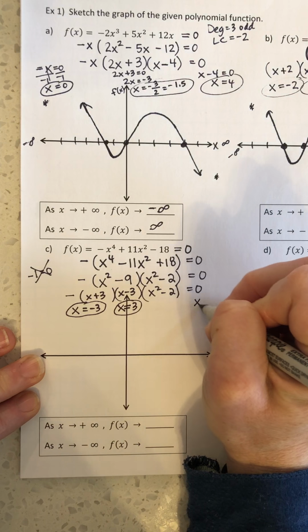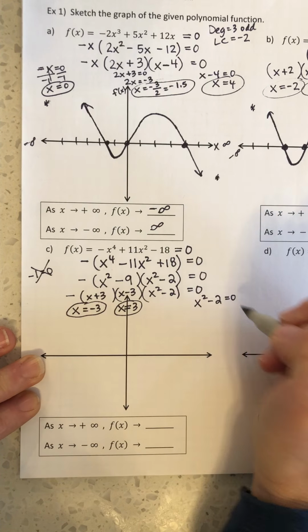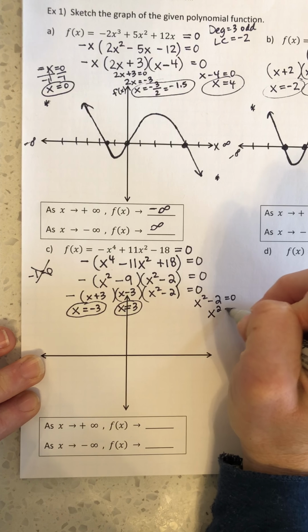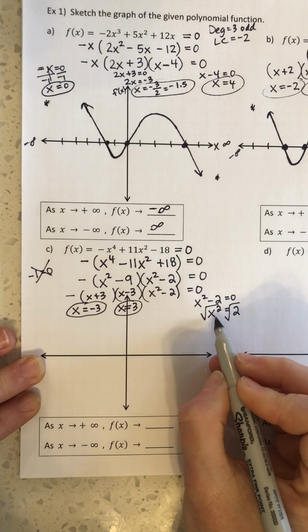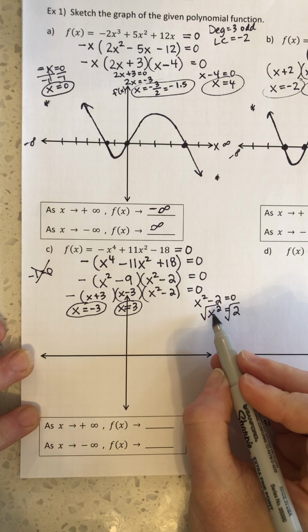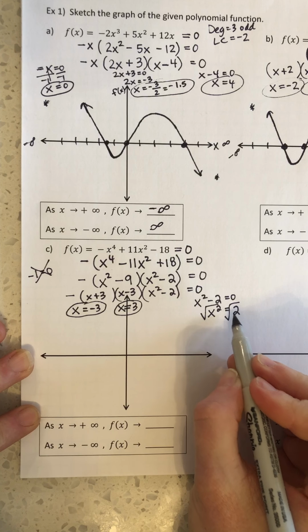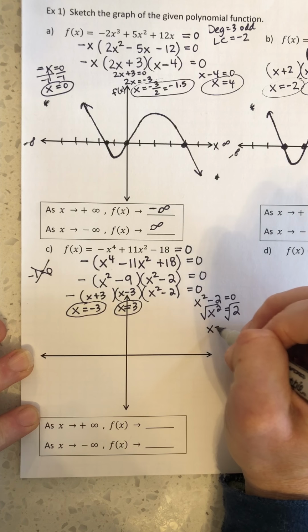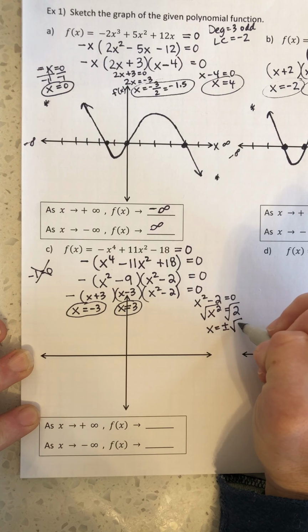Now, if I set x squared minus 2 equal to 0 and solve, I'm going to add my 2 over, get my x squared alone, and then square root both sides. But remember, this is a degree 2 equation, so you should get 2 answers. When you unsquare a square, it creates 2 actual answers. So we get x equals plus or minus the square root of 2.